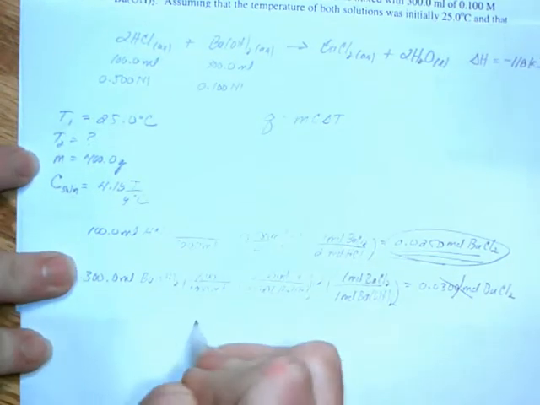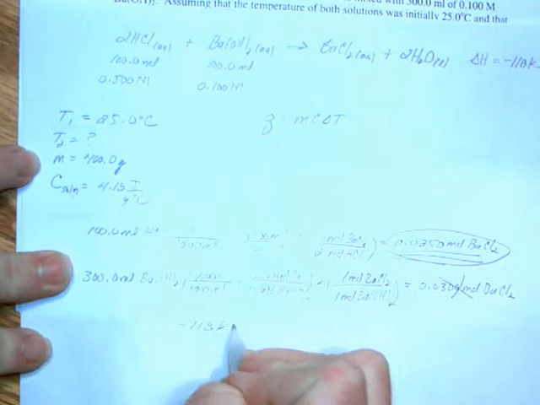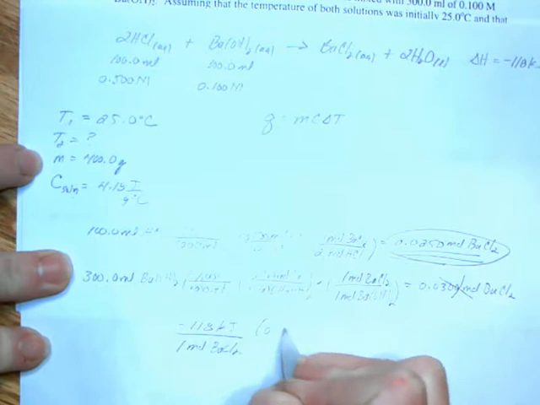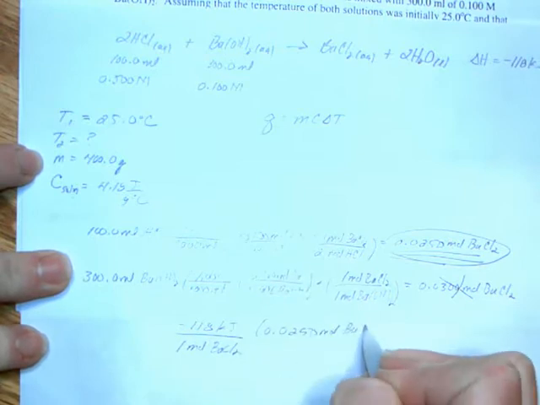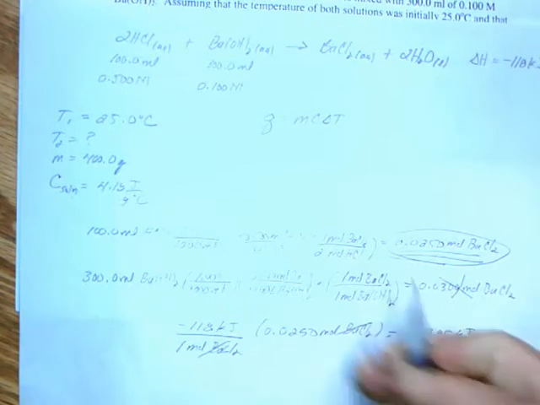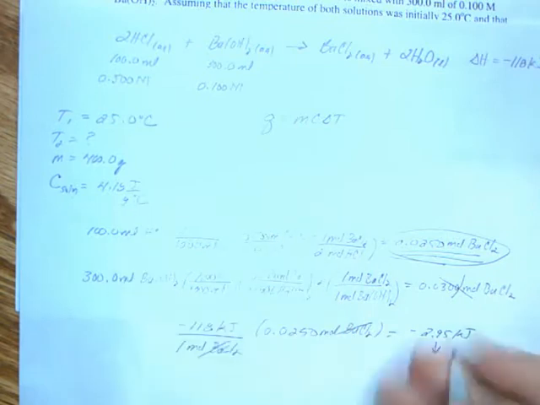So if my reaction gives me 118 kilojoules for every 1 mole of barium chloride, but I am only producing 0.0250 moles of barium chloride, then this will give me negative 2.95 kilojoules, which I need it to be in joules for the specific heat, so 2950 joules.